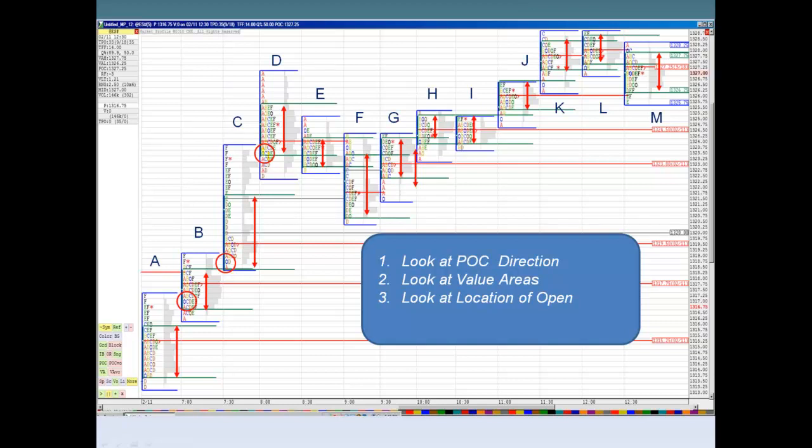Once again, we open above value, and we're opening in towards the high end of the range. All of these, you now know from learning about the profile, are indications of a very bullish trend, or a bullish direction in the market, an upward direction.